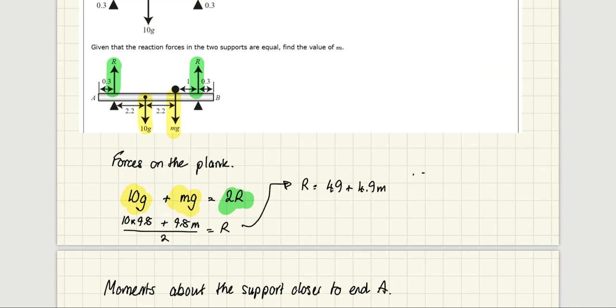Okay. So we've done that. We know g is 9.8. So I've written an equation for R. Right. There's still 2 unknowns at the moment. So what do you do when you've got 2 unknowns? You do simultaneous equations, you need another equation. So obviously it's on the screen, but where does our other equation come from?